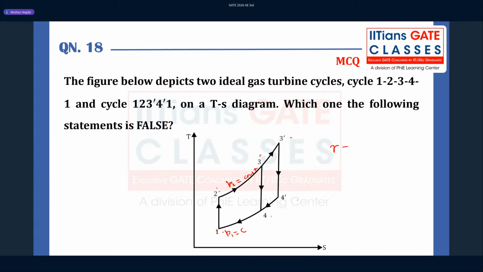Let me call R equal to P2 by P1, which is constant for both cycles. Since it is for a given gas, I can also treat gamma to be constant for both processes. So what is my work output?